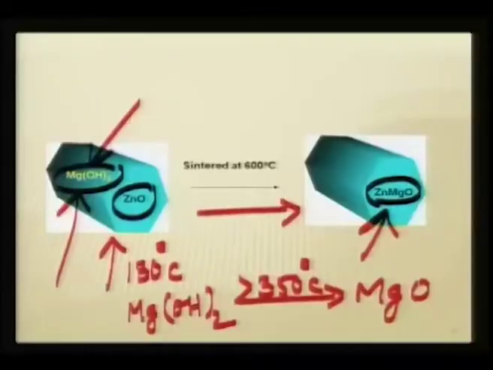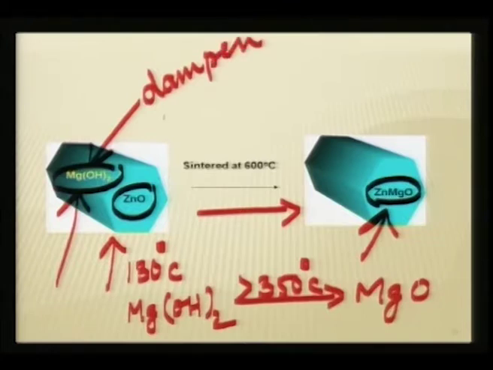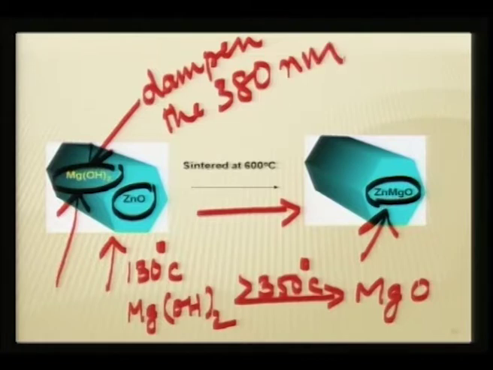Therefore, the magnesium hydroxide seems to dampen the 380 nanometer peak. That is why you see a sharp decrease in the 380 nanometer band to band edge peak, and not only that, magnesium hydroxide is not able to suppress the defect induced emission in zinc oxide rods. So, it is very deceptive.